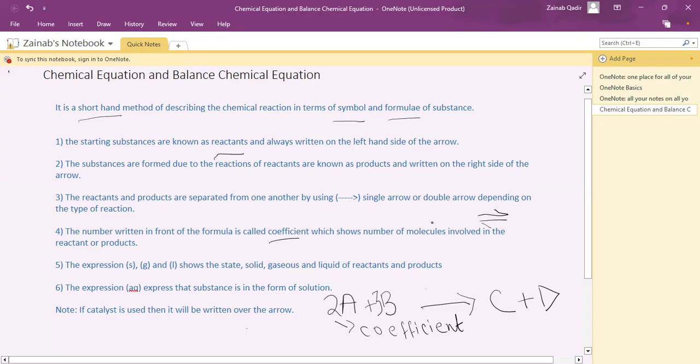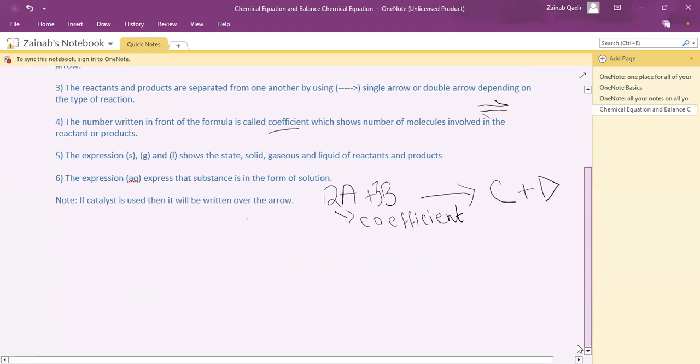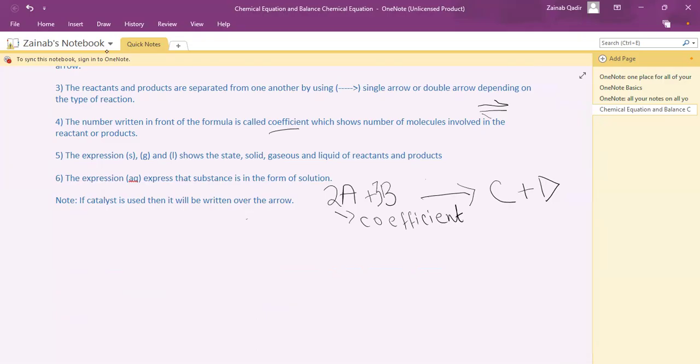Okay. Now let's move to how to balance a chemical equation. We have an example: KClO3, potassium chlorate.